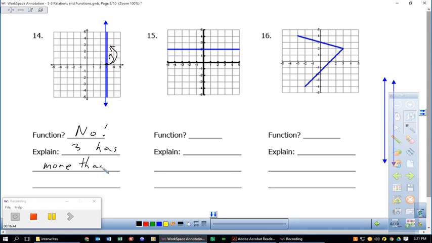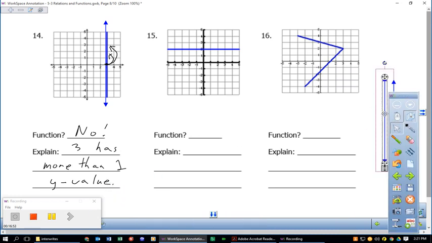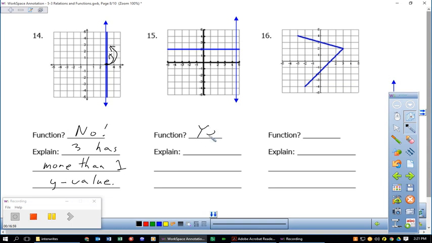Doesn't matter how many it has, as long as it has more than one. Okay, number 15. Hey, look, you can't ever cross that more than once. It only hits once. So this one is a function. Every x has exactly one y.